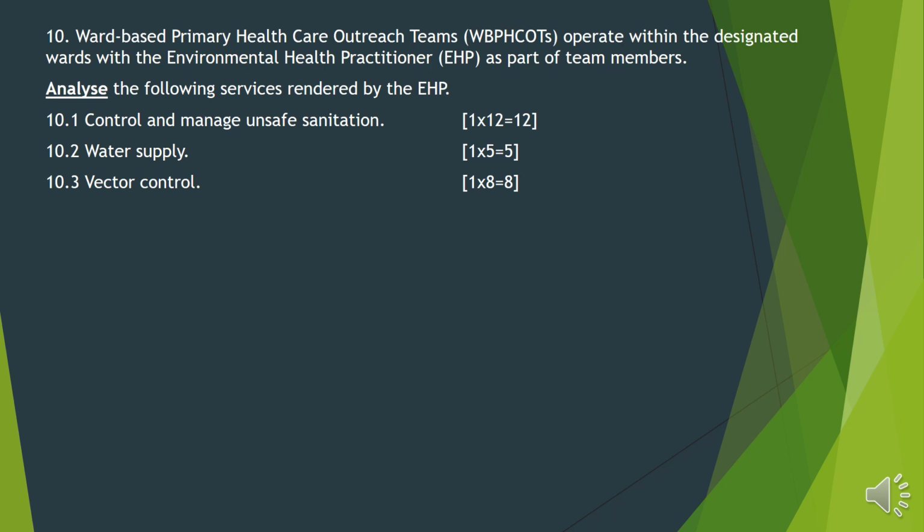The second one is water supply, so you need to know the environmental health practitioner's role in water supply. And then the third one, they've listed vector control. You also need to know that. Here they've only asked for 3 to be analyzed, but there's a lot of them. That's why we need to know all of them, just in case they ask about any of them, then we are safe.